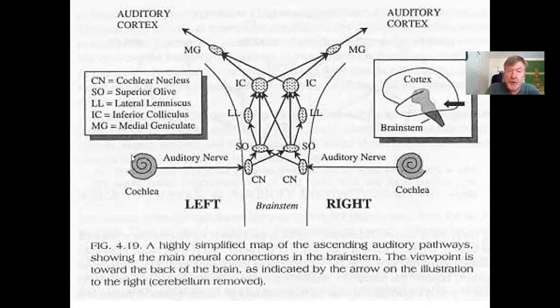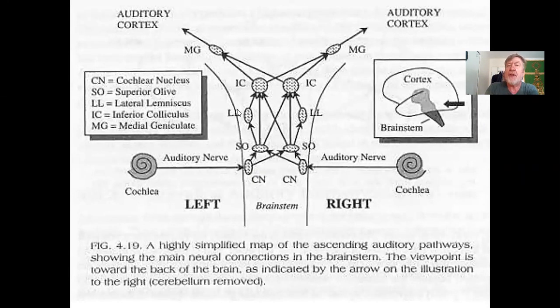So we're looking at the cochlea, 8th nerve, hitting the brain stem. You've got one pair of nuclei called the cochlear nuclei, which lie on the surface of the brain stem. Then you have another pair of nuclei called the superior olivary complexes. They lie deep inside the brain stem.